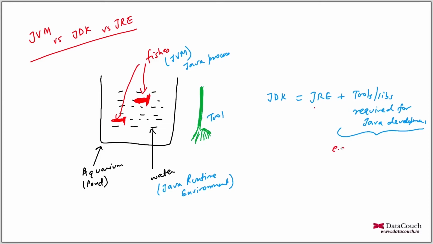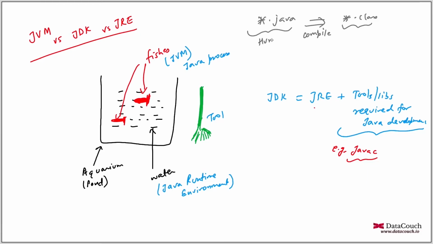So what is an example of a tool from a technical point of view? Let's say javac, the Java compiler. The Java compiler is one of the tools that is part of JDK. As a Java developer, if I'm doing any coding, I will be doing it in .java files. These .java files you will compile into .class files.